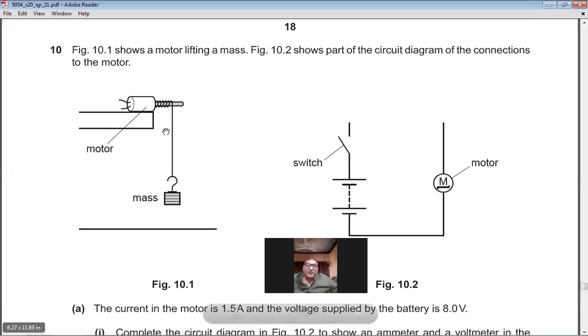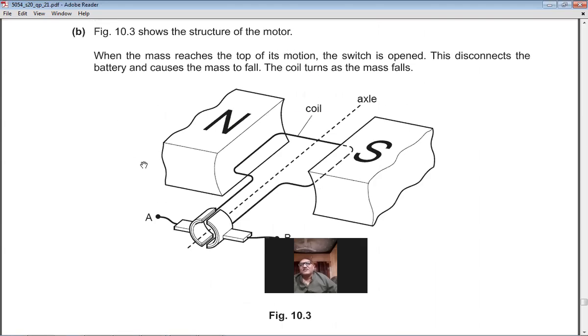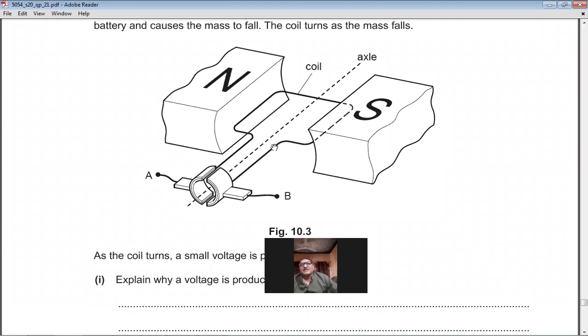So it will oppose this motion. This mass is going downward. So how will it oppose? The trick is very simple. When this coil rotates and current is induced in it, it will have its own magnetic poles, north and south.